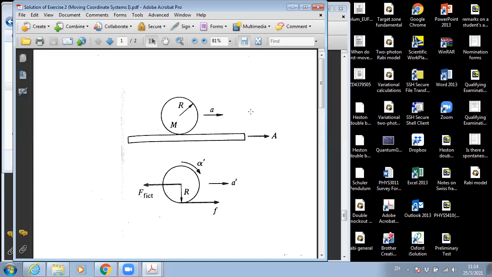If A is positive, if A is negative, what is the result? Okay. These are not questions to work out. That's it.